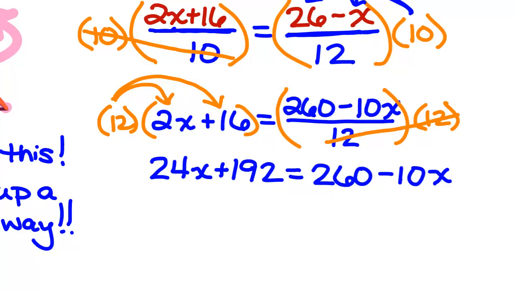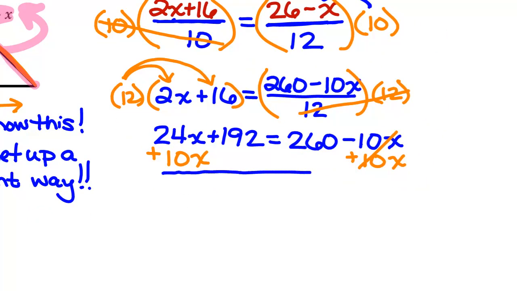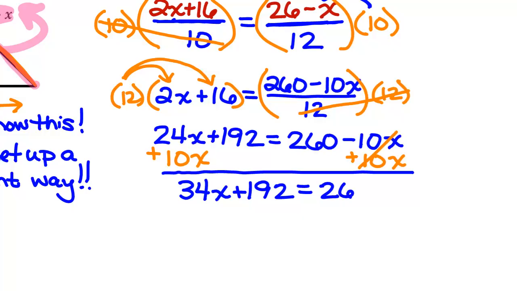minus 10x. Then I'm going to get my x's to the same side, so I'm going to add 10x to both sides. What is 24x plus 10x? 34x plus 192 equals 260.